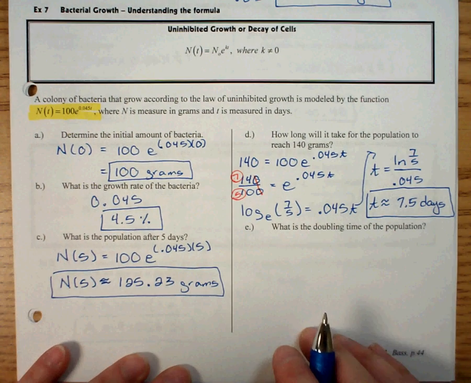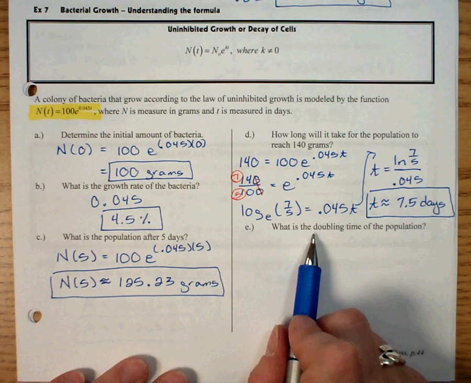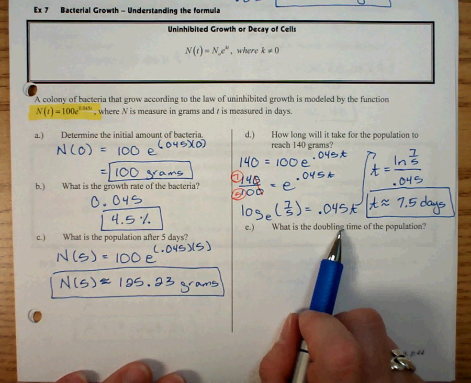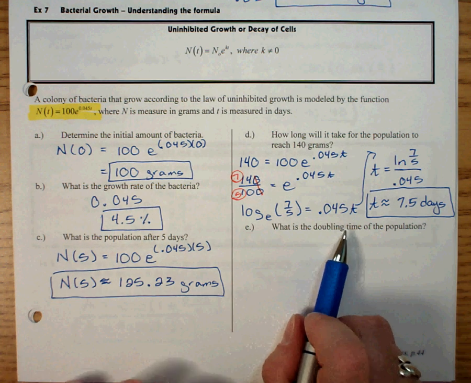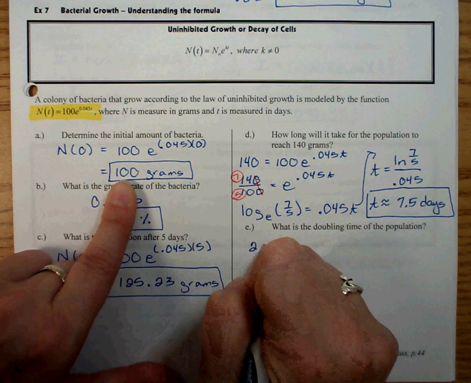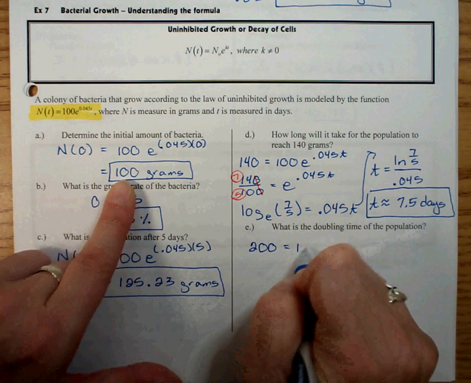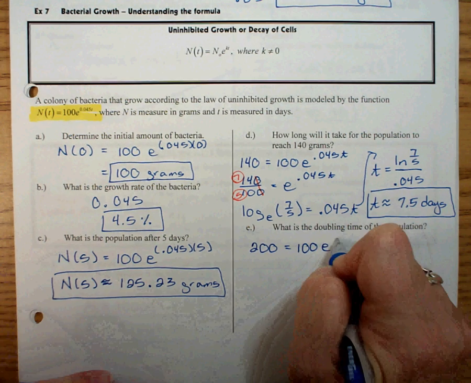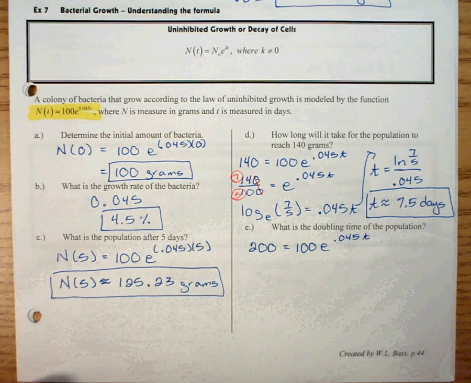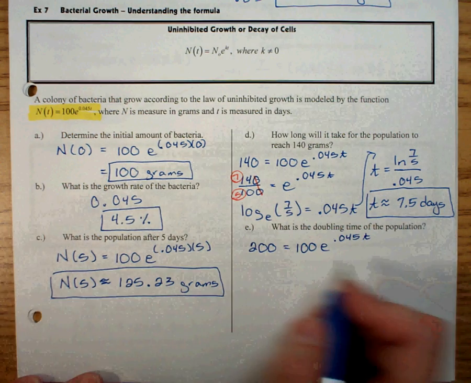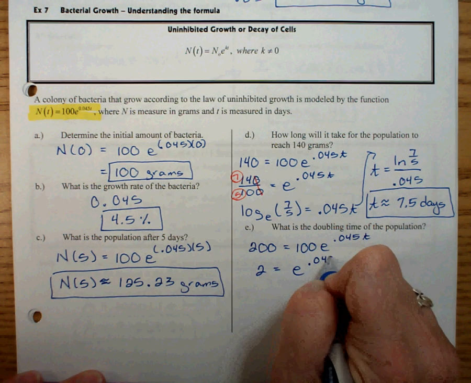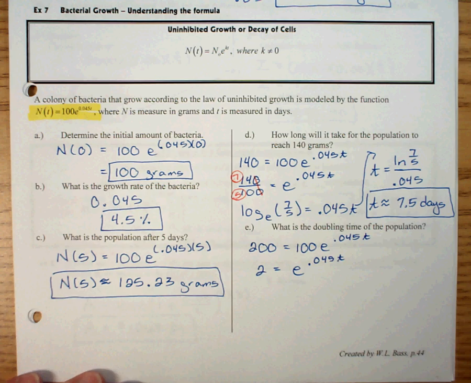The last one is, what is my doubling time? So again, I'm calculating time, but I want to think about what should my final answer look like. So I know that I started with 100 grams, so that means that I want to end with 200 grams. And now we're back to the exact same problem that we've done before. 2 equals e to the 0.045t, I simply divided by the 100.